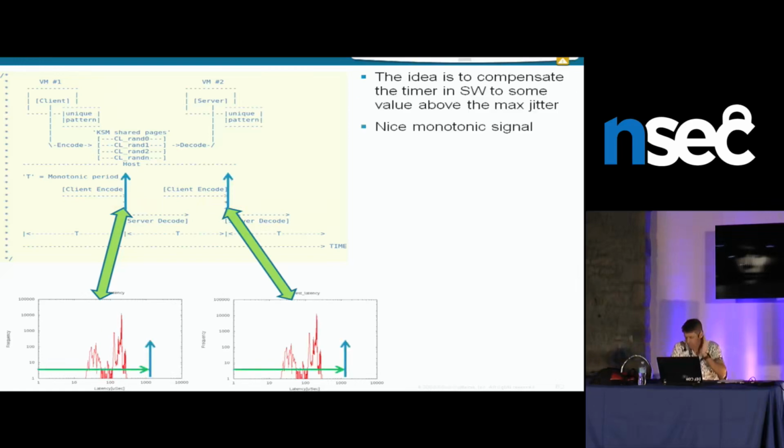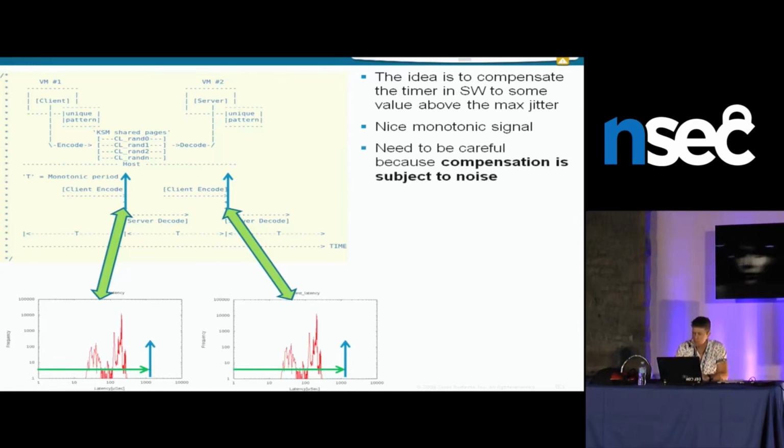So the idea I had is to compensate those timers in software, using some value that goes above something I define as the maximum jitter. In theory, this should give us a nice monotonic signal. There is one catch: you have to be very careful, because the compensation, whatever type you do, is subject to noise.